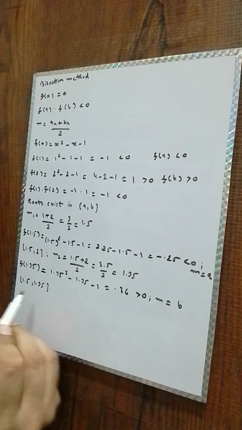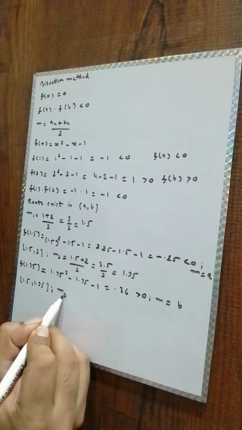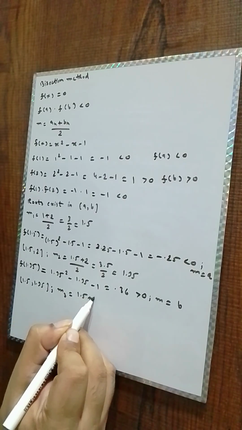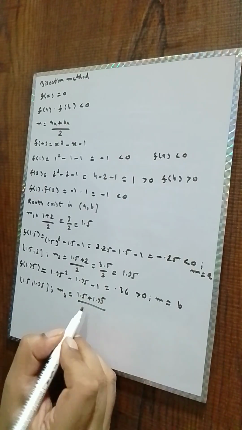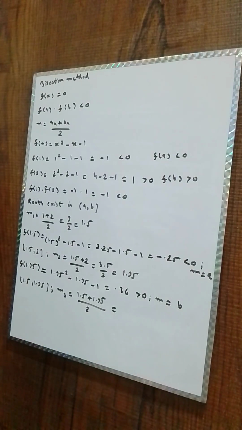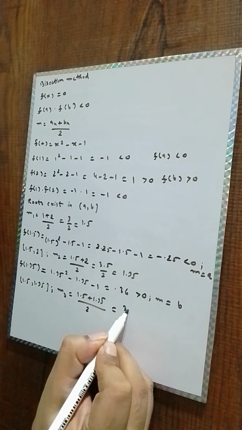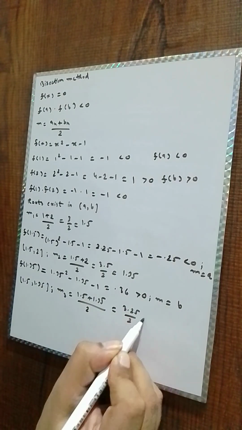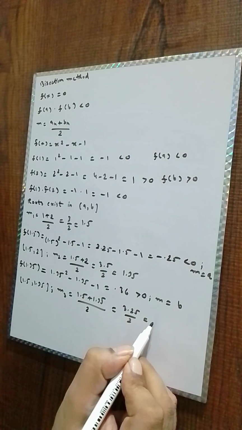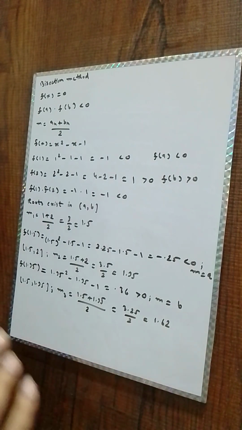So you see now the third mean can be estimated, which is m3, which would be 1.5 plus 1.75. Notice the shrinking of the interval, which gives us 3.25 by 2, which is 1.62.